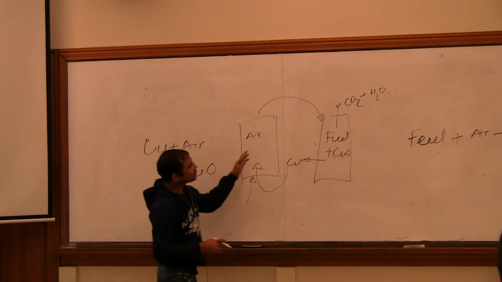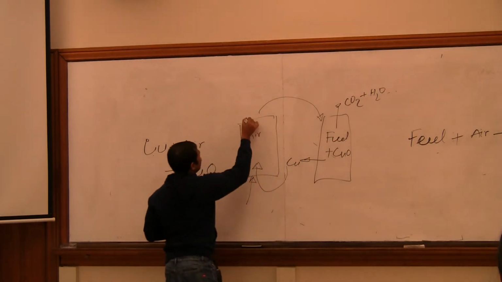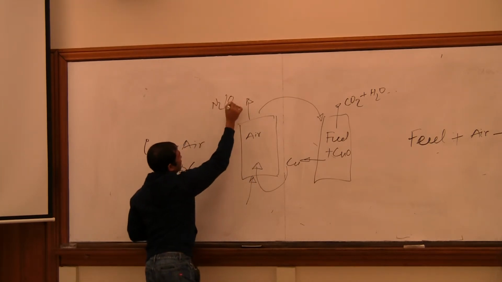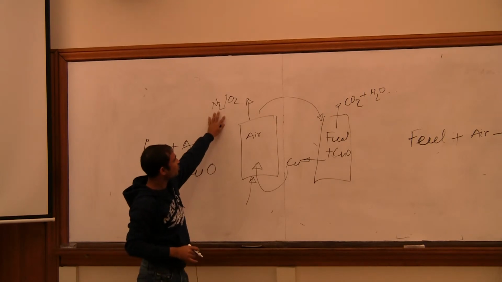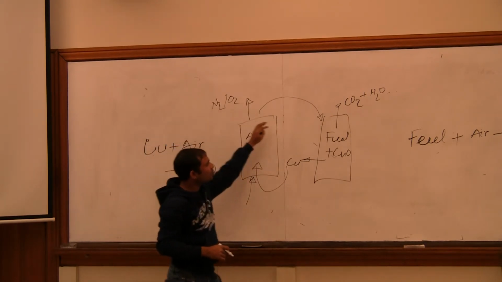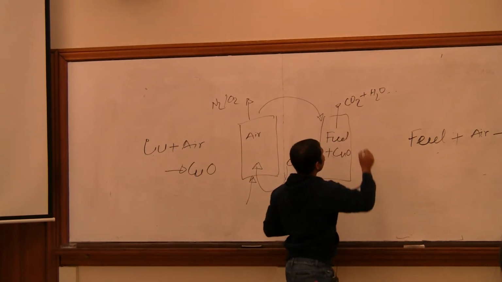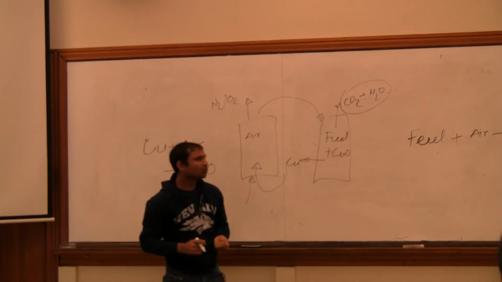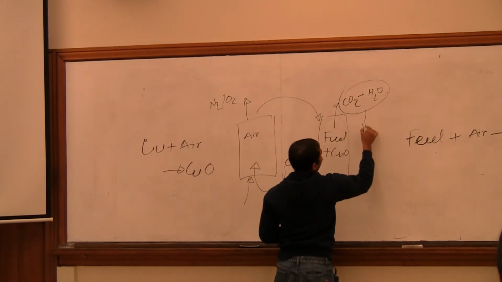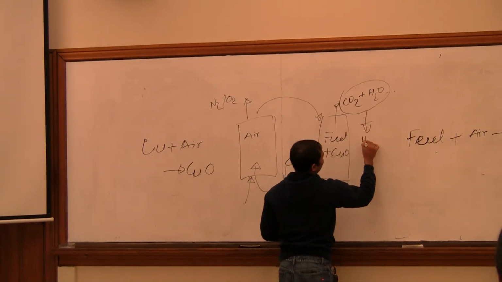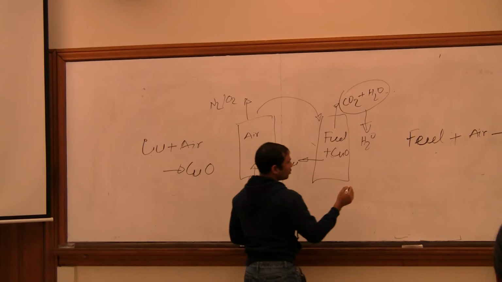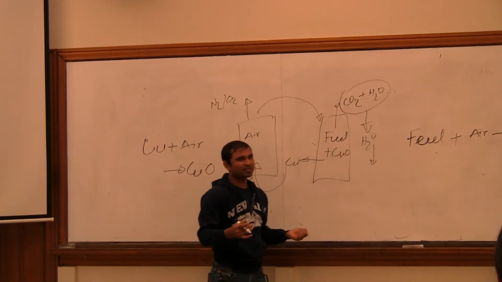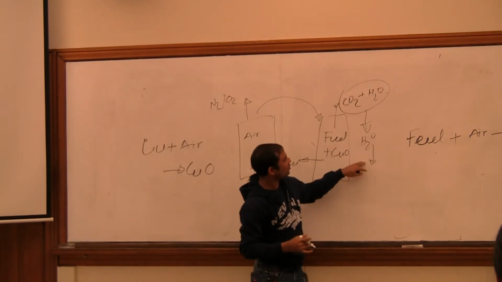So now there is no separation technique needed, because from the air reactor you are getting your nitrogen and oxygen. You don't need to worry about that. You can leave it to the atmosphere. But from the fuel reactor, you are getting pure carbon dioxide and steam, which you can cool down. You will get your water separated out. If you want carbon dioxide in the gas phase, you can go down to only 0 degrees Celsius.